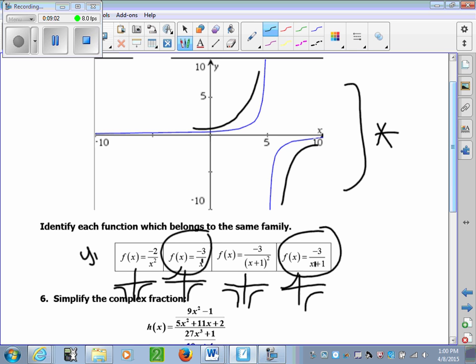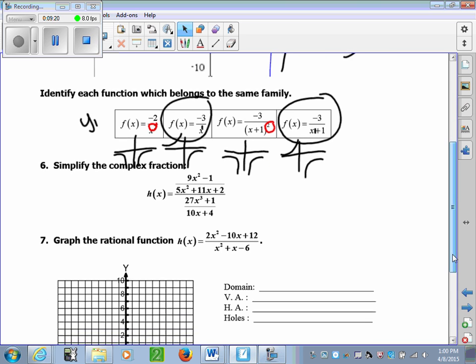That's what causes it to look the same, whereas these other two have a denominator with an x squared and an x that's being squared. So that's really the mathematical difference, or the difference in the equations. However, you can just put these in your calculator and look at the graphs, find the graphs that match. Okay, so there's that one.